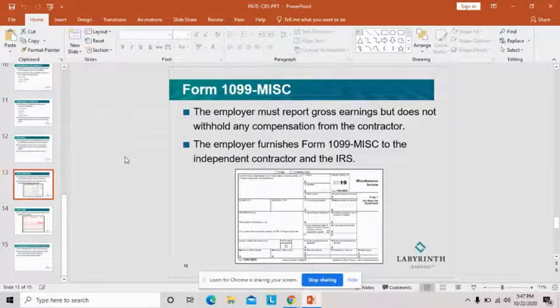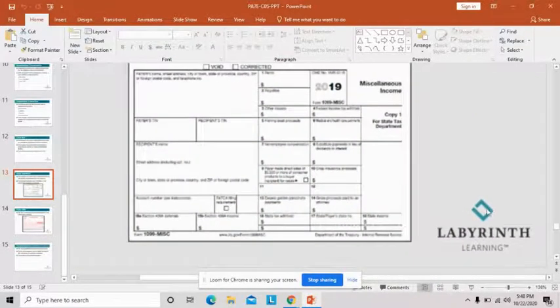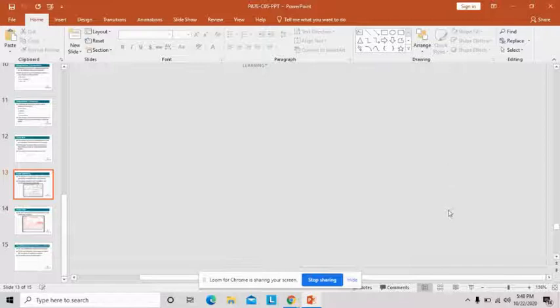Also have the Form 1099 miscellaneous. Employer must report gross earnings but does not withhold any compensation from the contractor. The employer furnishes Form 1099 miscellaneous to the independent contractor. So this is a view of the 1099 miscellaneous form. I'm not sure why it zoomed out so much.